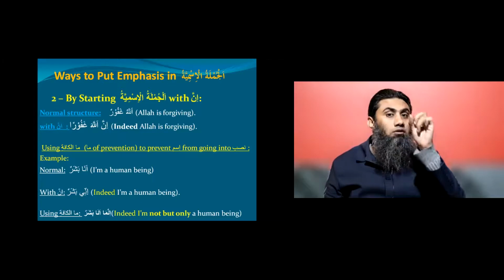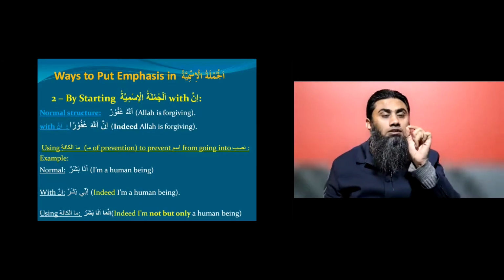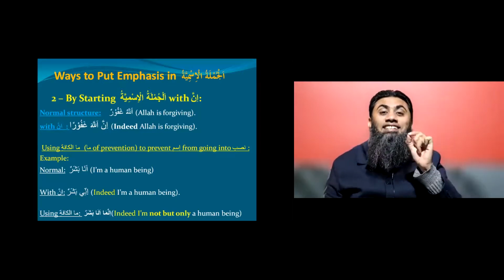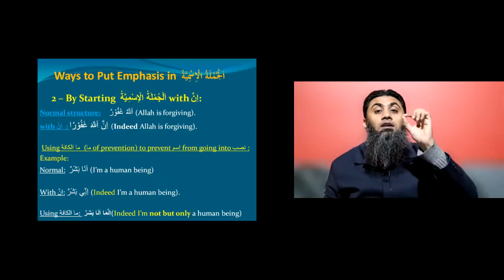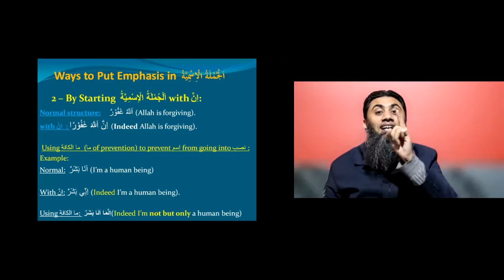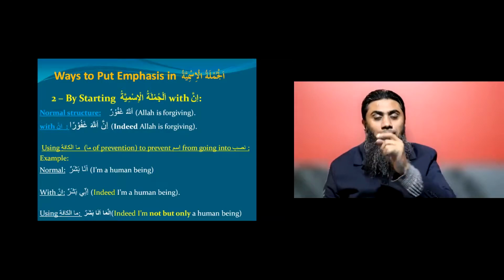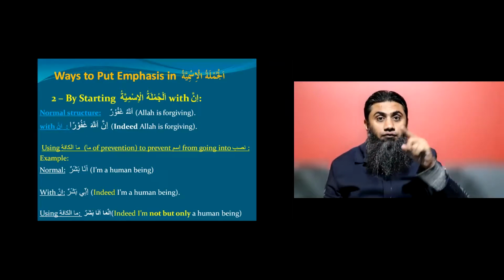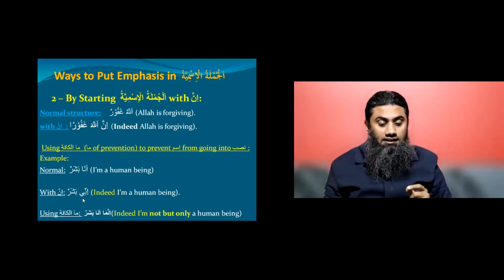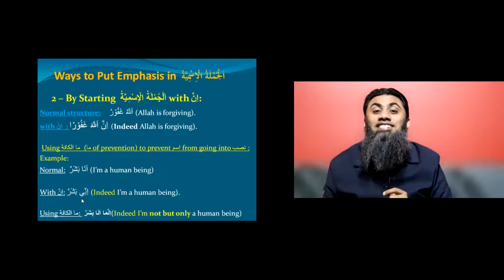Please memorize your pronoun charts from module 1. Ni means I, and it is the attached version of what? Ana. Ana means I. Nahnu means we. The attached form of ana is ni or sometimes ye.